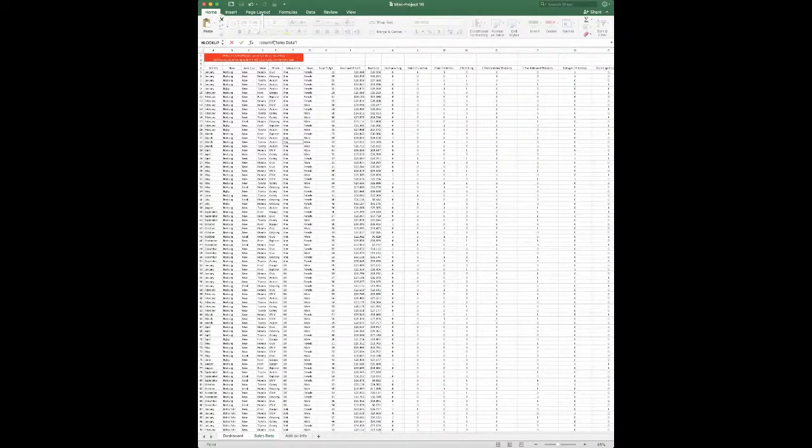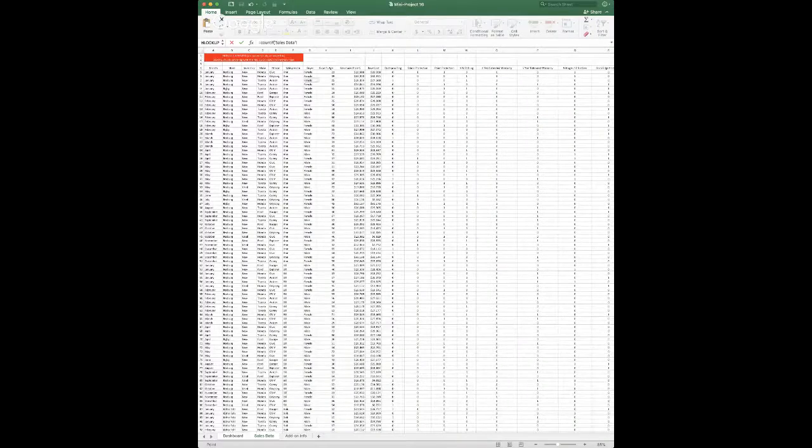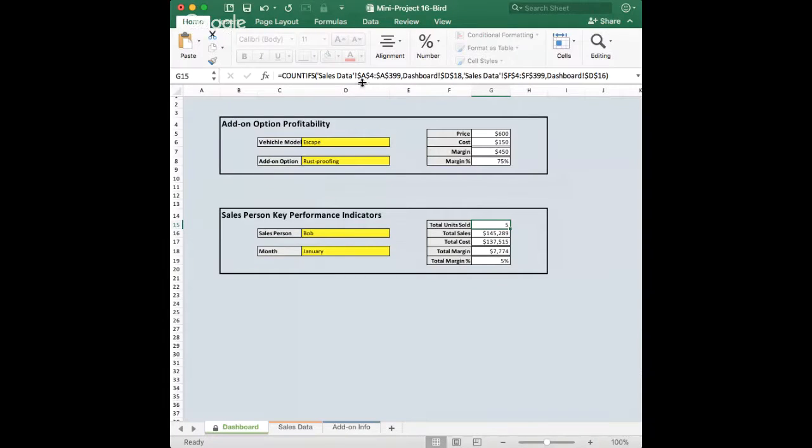Yeah, I'm just trying to understand it first. It always confuses me at the beginning of the COUNTIFS, until you remember how it works, but you do the table array first and then what the criteria is.